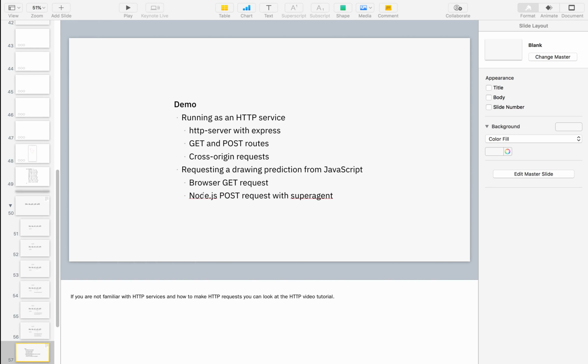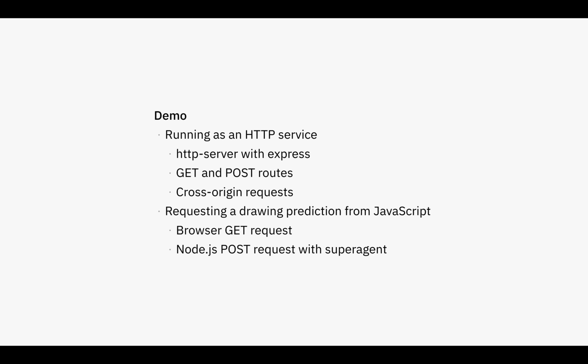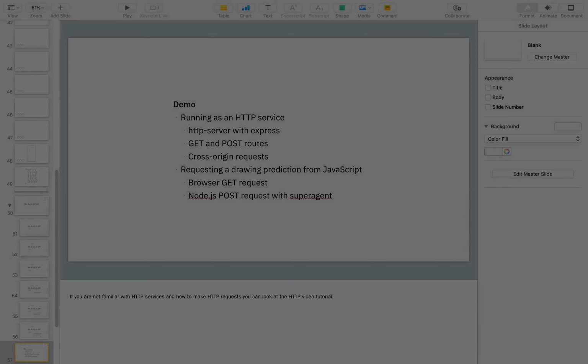So what is more interesting here that we can see? We've seen what the HTTP server with Express looks like and how we can make a GET request with the browser. But now we're going to see how to make a POST request with something like Super Agent or even a raw AJAX POST request.